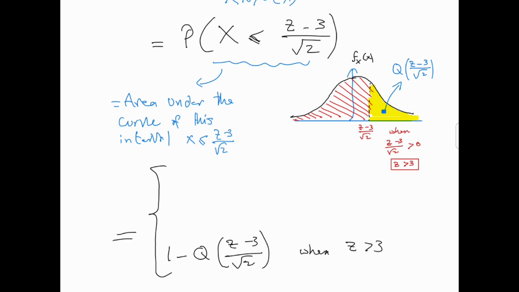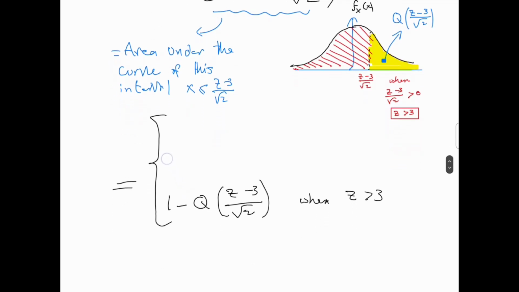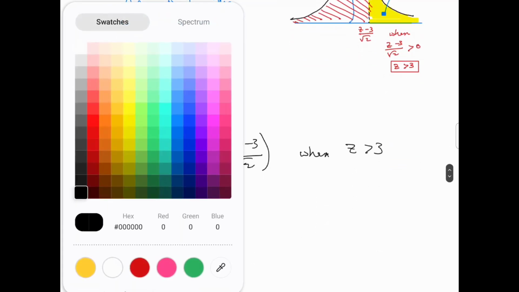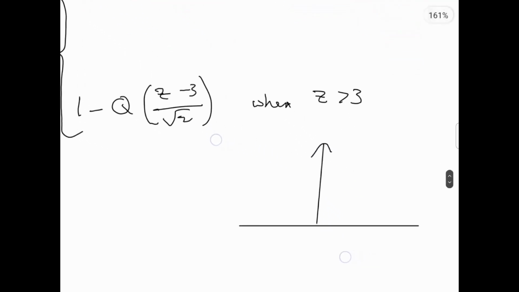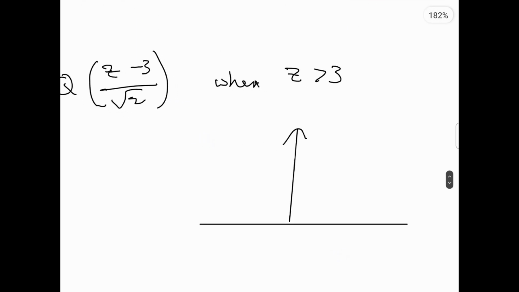Now when z is less than 3, let's see what happens. This is going to be a negative value, z minus 3 divided by root 2.